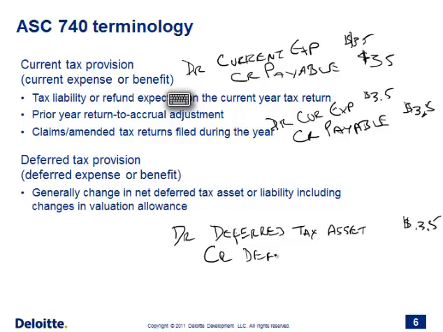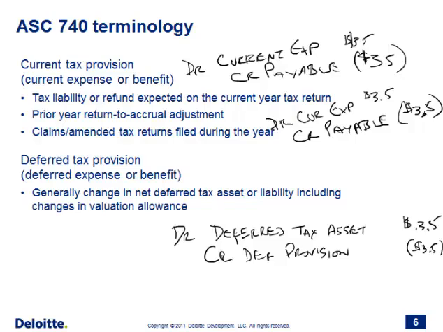And when I book that asset, I'm able to then book a deferred provision. And this is pretty darn confusing, I think, if you don't have experience with the topic. But essentially what you're able to do is you book a benefit to your tax expense for the increase in your deferred taxes, right?